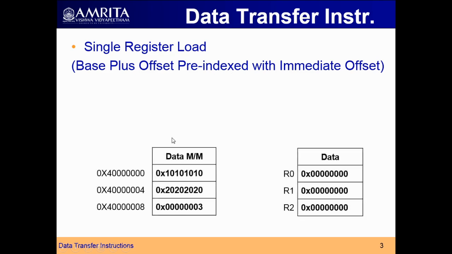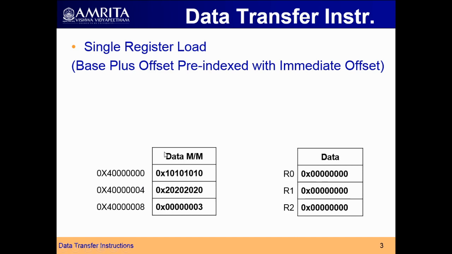So first of all, let us take this as the data memory, with the addresses of each location available in the data memory. Here you can see that the data memory starts from 0x4000 onwards. Why does the data memory start from 0x4000? When we saw the memory map of LPC2148, we saw that data memory starts from 0x4000.